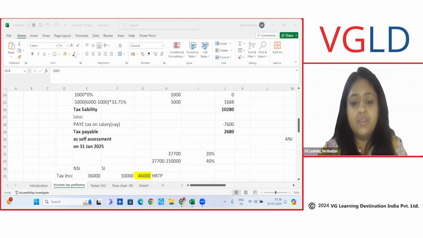So Deepika has given 10660. Kritika 11680. Nikita 10760. Mohammed 14235. What about you, Ashna?